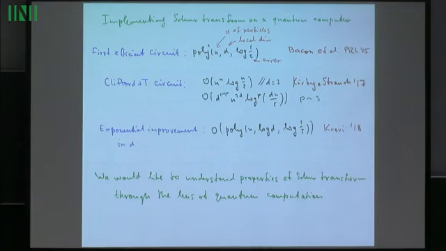The first circuit was given by Bacon, Harrow, and Chuang in 2005. It has a rather obscure runtime: polynomial in the number of particles and the local dimension, and it scales like log 1 over epsilon in terms of error. But in this circuit, they weren't really optimizing for a particularly good gate set.